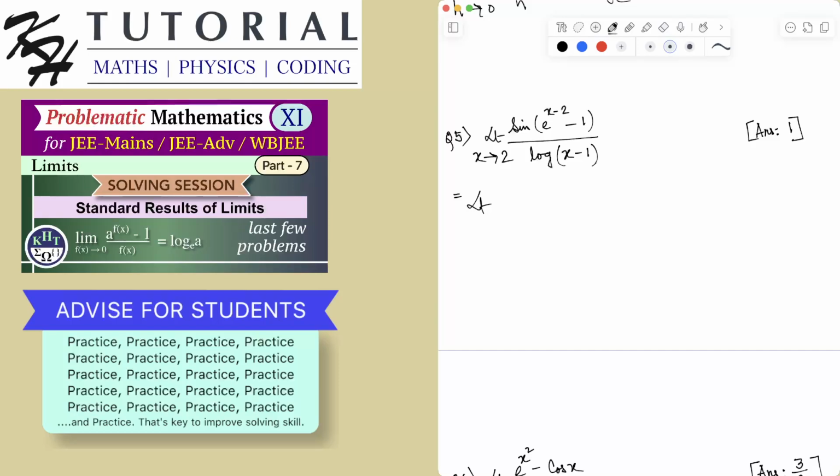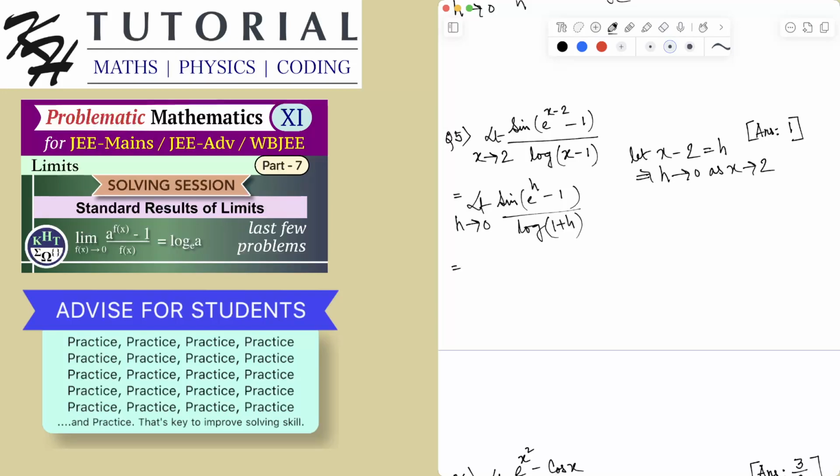I think it will be a good idea if we do substitution x minus 2 as h. This will imply that h will tend to 0 as x is tending to 2. Then the limit will be limit h tends to 0, sine of e to the power h minus 1 divided by log of x minus 1, where x minus 1 will be 1 plus h.